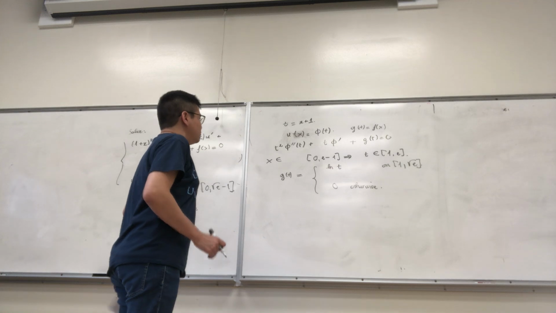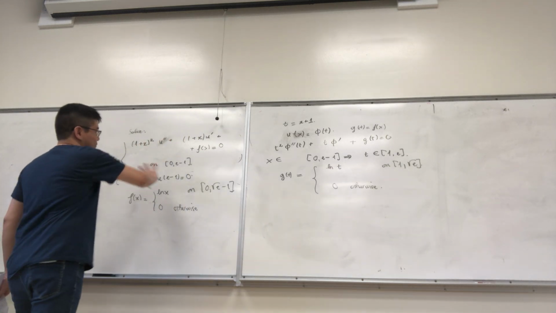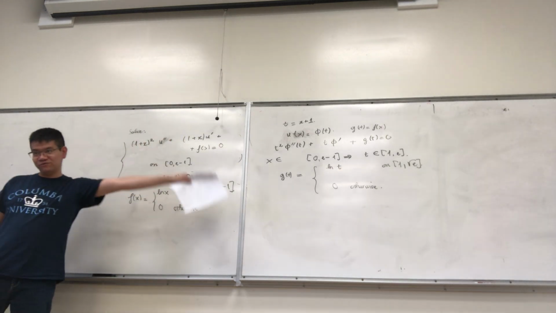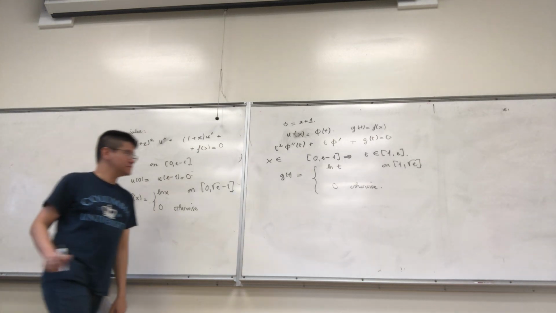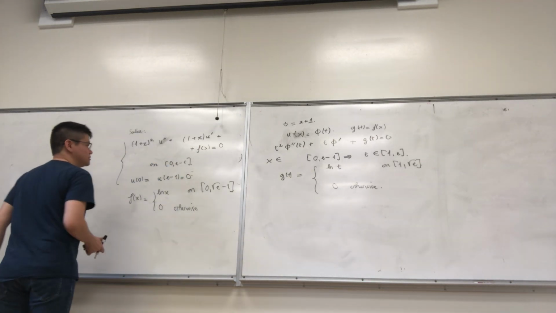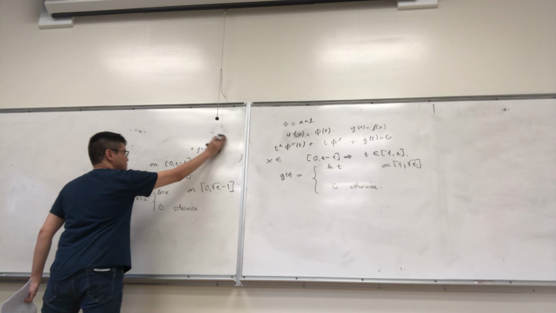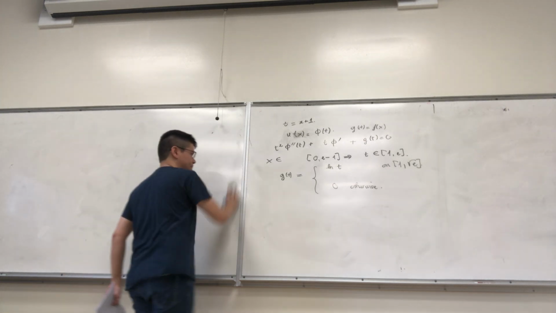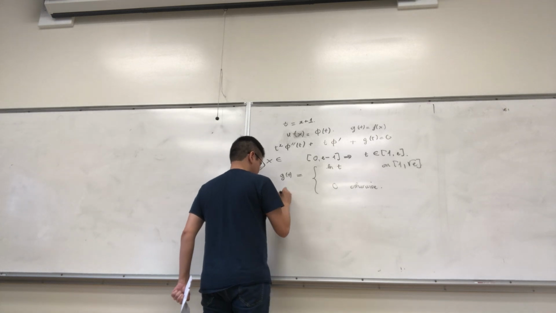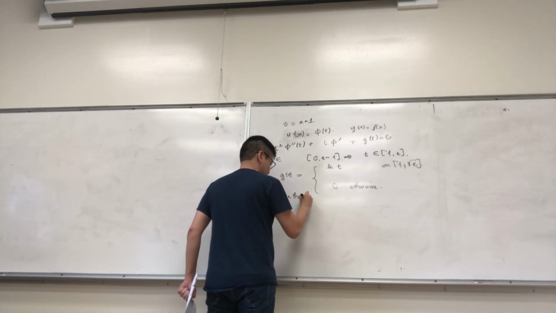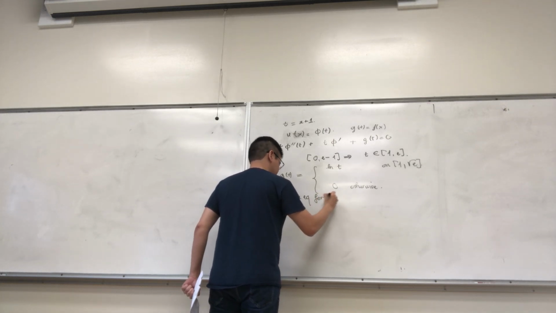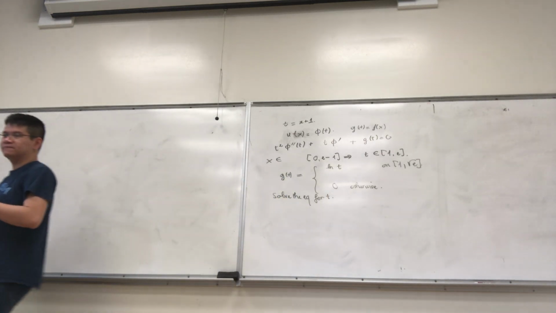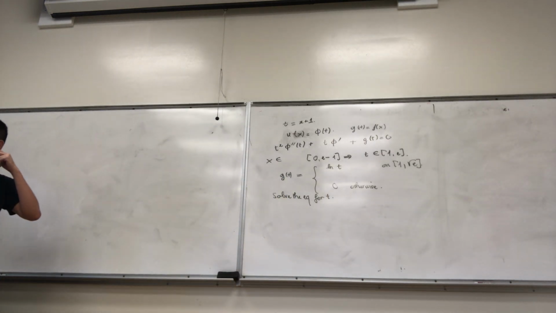Right. So now I can forget about this equation. I'm gonna solve this equation on t. Right. So we forget about this equation and we solve the equation for t. So what is the strategy that we have?